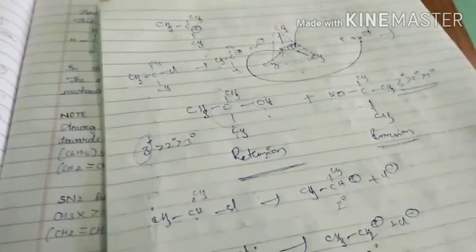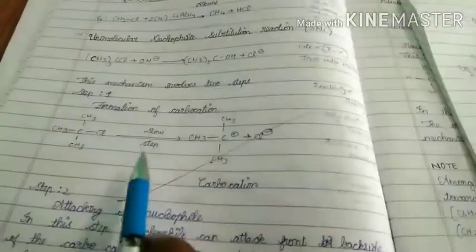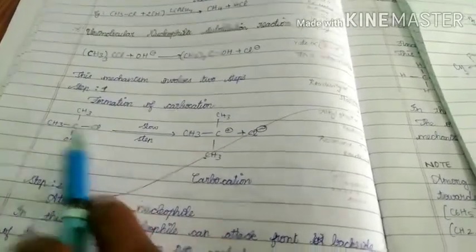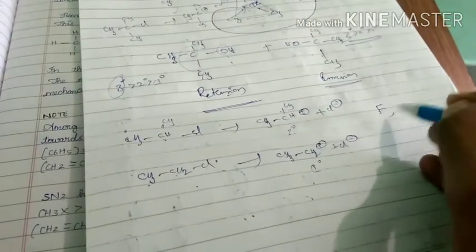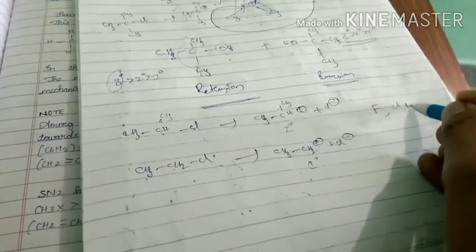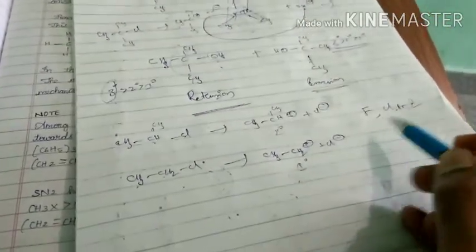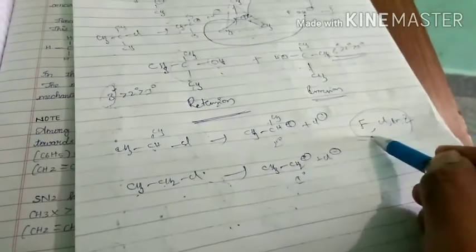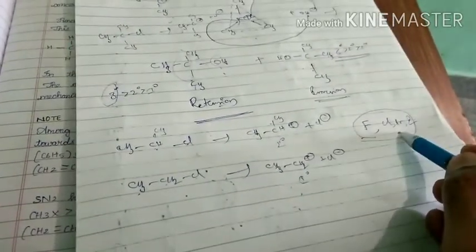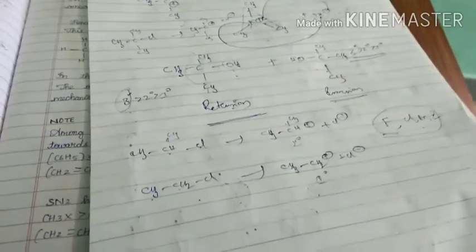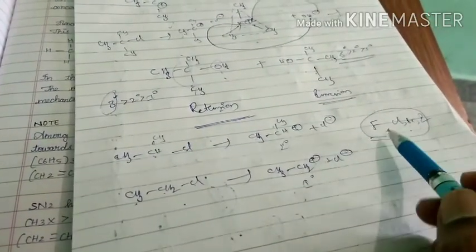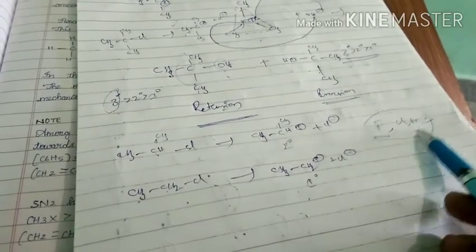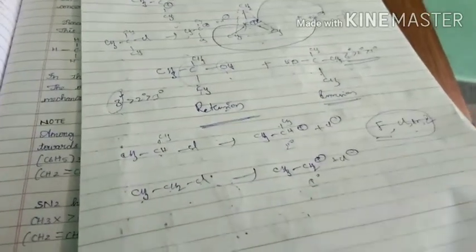Next, last point. Here we have taken which halogen? Chlorine. Suppose you take fluorine, chlorine, bromine or iodine in that alkyl halide; in which case is the rate of reaction more?